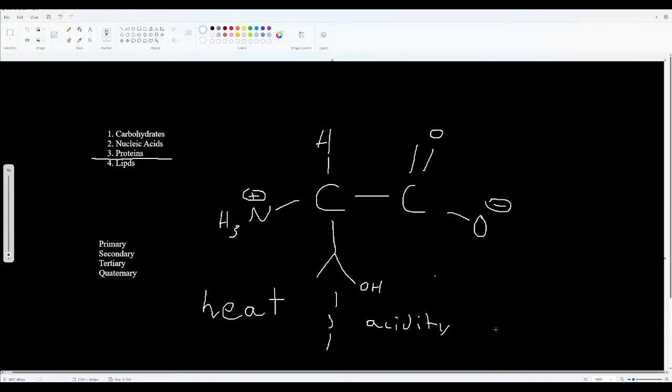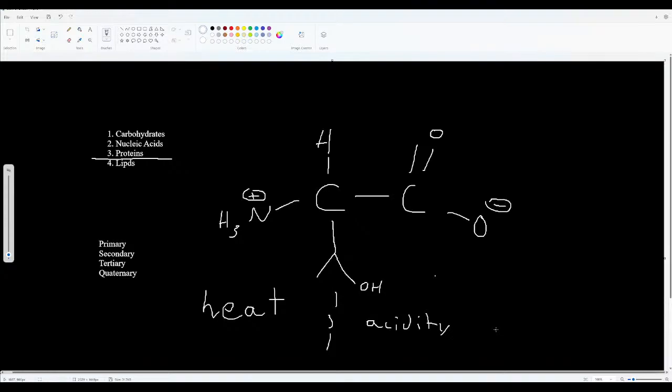So if something is so acidic that an acid regains a proton, then it's no longer going to be able to form an ionic bond, right?